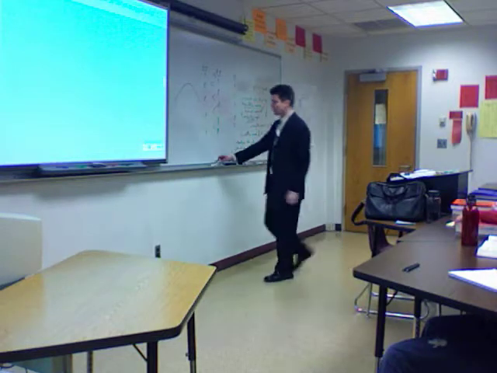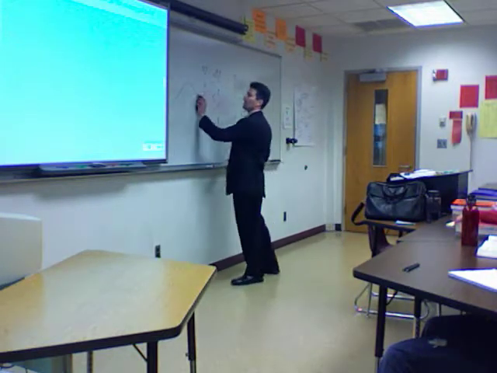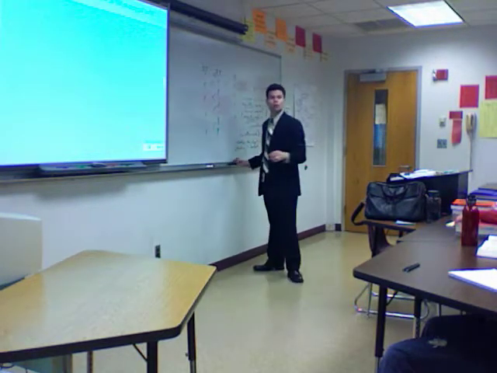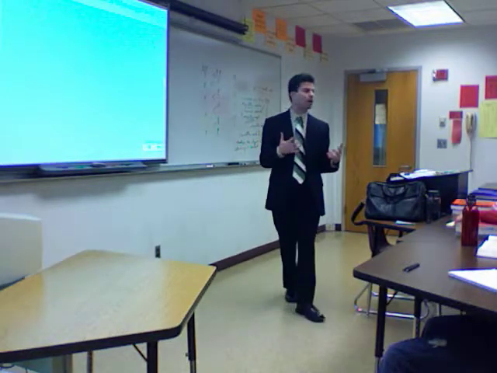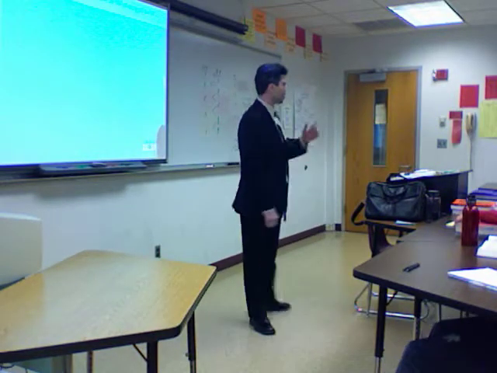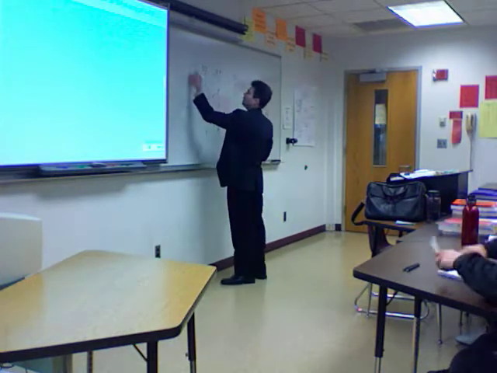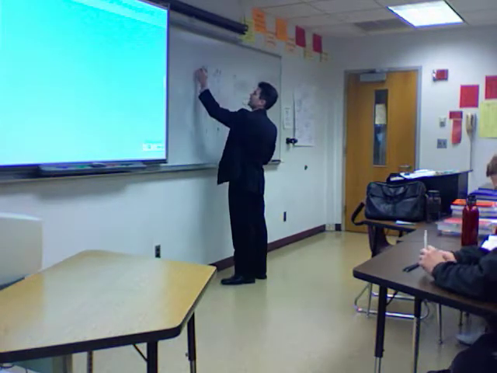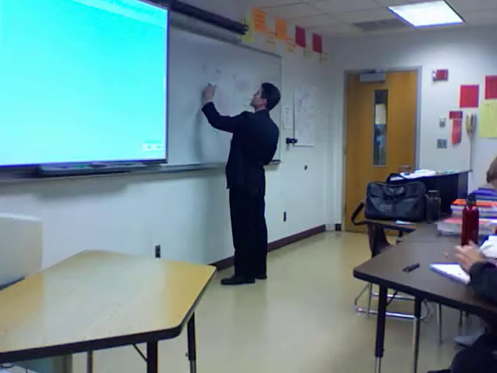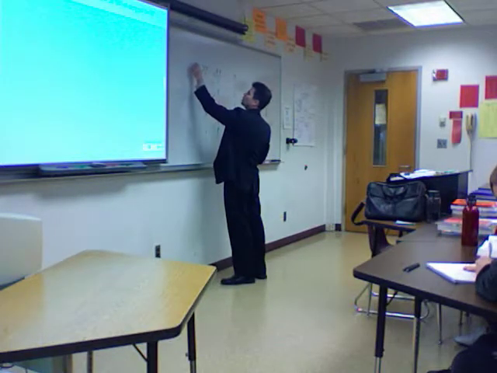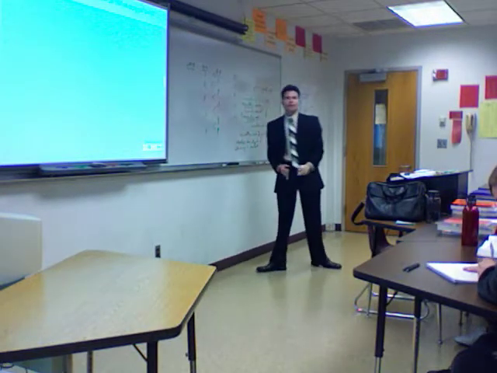Now, the next step is we have to figure out what happens to marginal cost as we hire these people. So what happens to marginal cost? We're going to have my marginal cost column here.